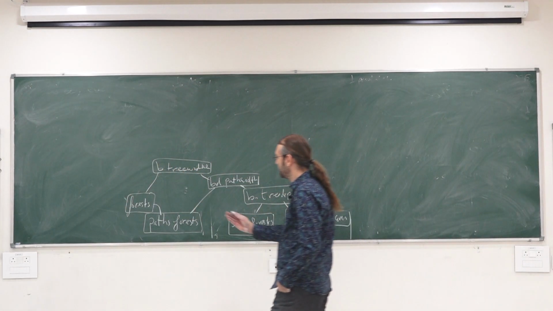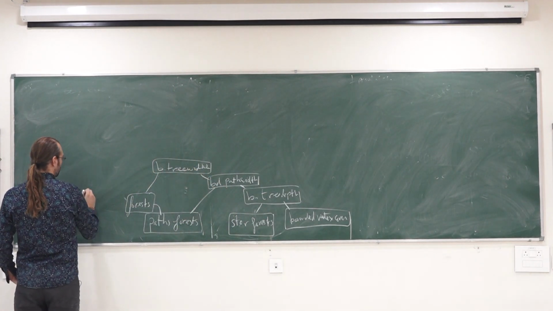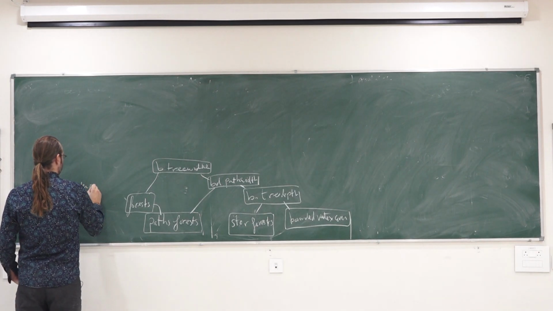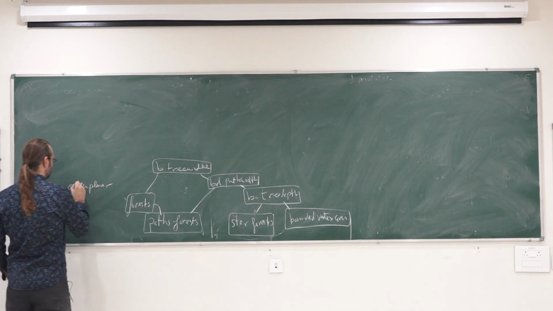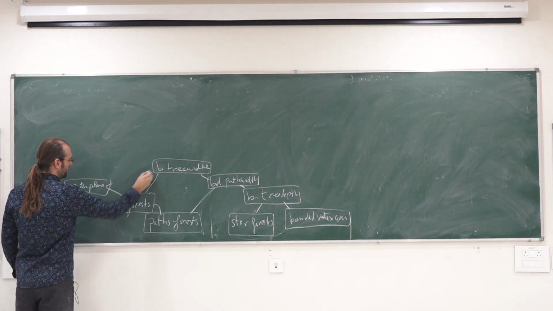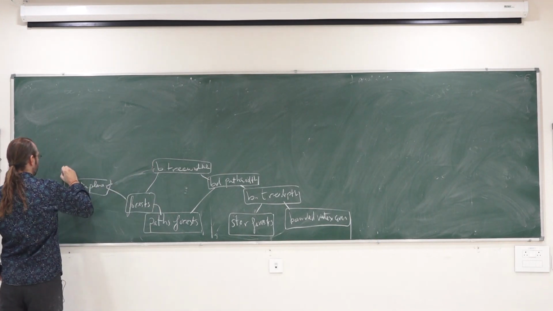If you want some specific graph classes, you have outerplanar graphs, which are nice as well. They also have bounded tree width. And those we have worked with in the first tutorial. There's a question about them. In fact, they are K4 free.